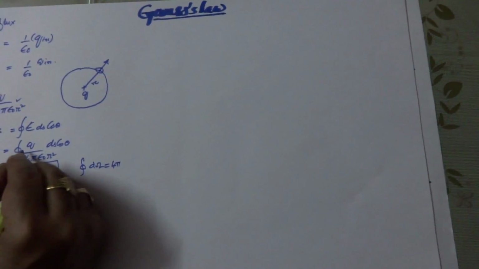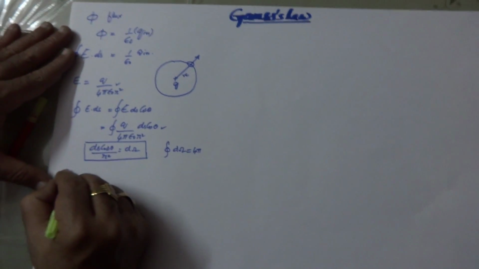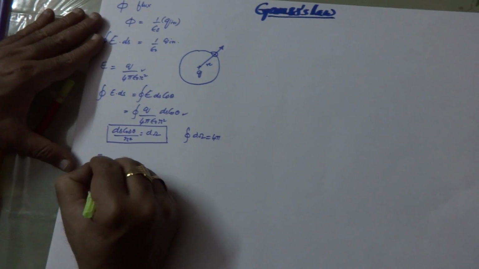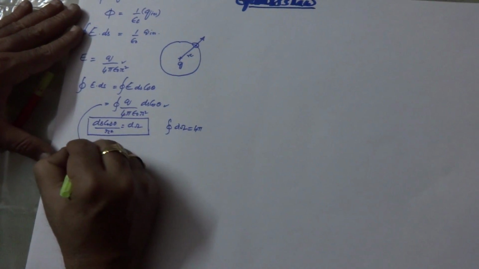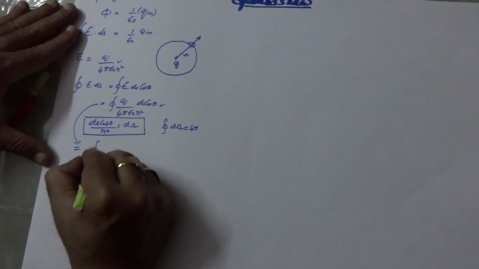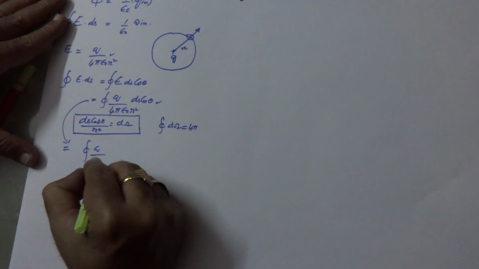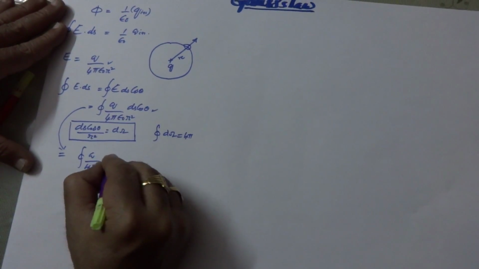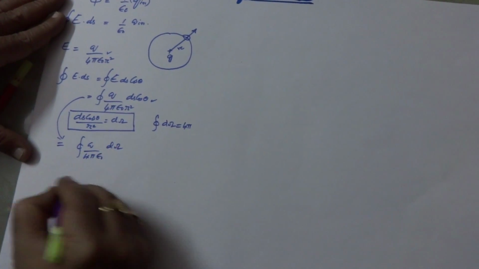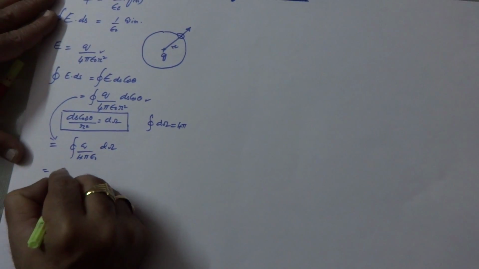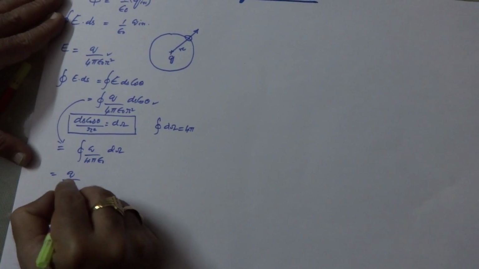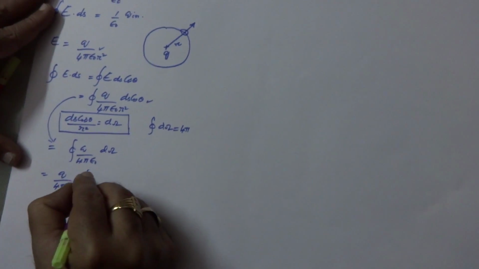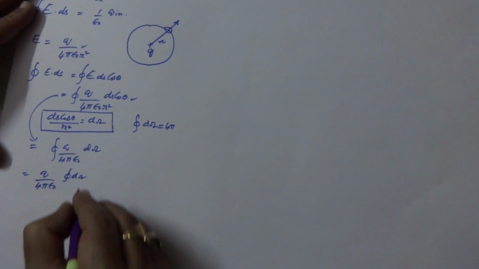Now if you take this step, I can write it as integral over q by 4 pi epsilon naught ds cos theta by r square, which can be written as d omega. Now q by 4 pi epsilon naught, as they are constants, can be taken out.